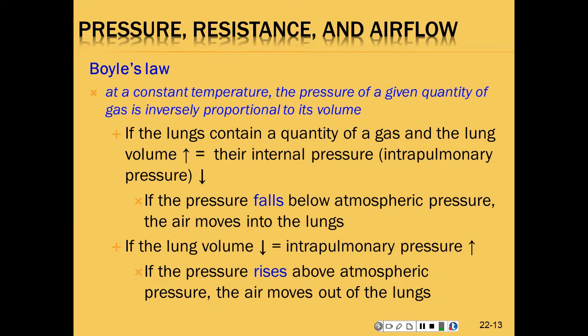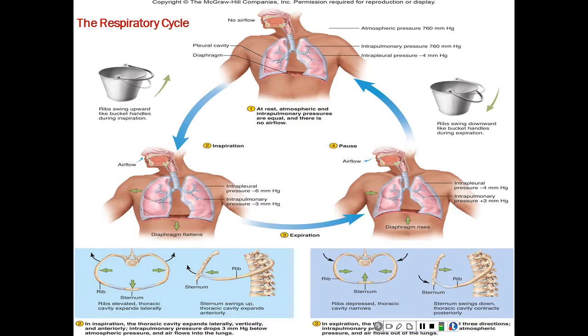Now, if the intrapulmonary pressure rises above atmospheric pressure, air flows out of the lungs. Now that was the video I had in part 1. I think I might have to move it into part 2. But that's an example of what we are referring to with the intrapulmonary pressure.